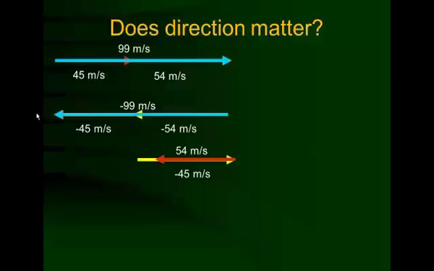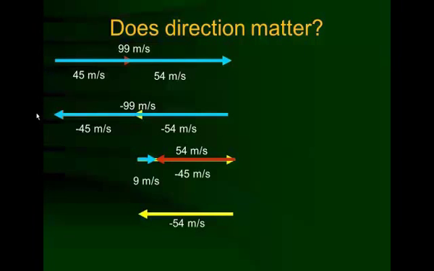The plane is flying to the west. And so how fast is that plane going after it all cancels out? It's actually going to the east. The plane's trying to fly to the west, but it's actually flying to the east at 9 meters per second because it's going against the wind. The wind speed is faster than the airspeed of the plane.